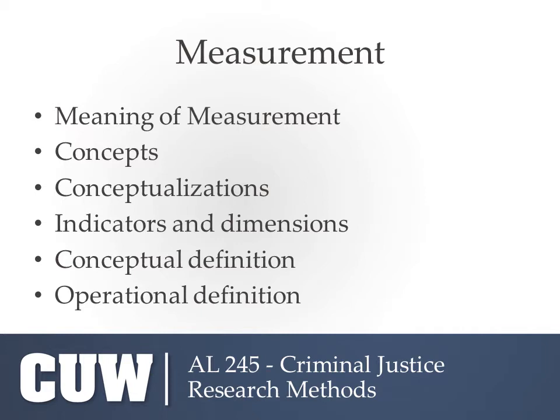So that's this notion of indicators and dimensions. Is the variable present? Is the concept present? And also to what degree? Clearly this isn't an easy task, though for some variables it is easier than others, and we'll talk more about that as we proceed here.